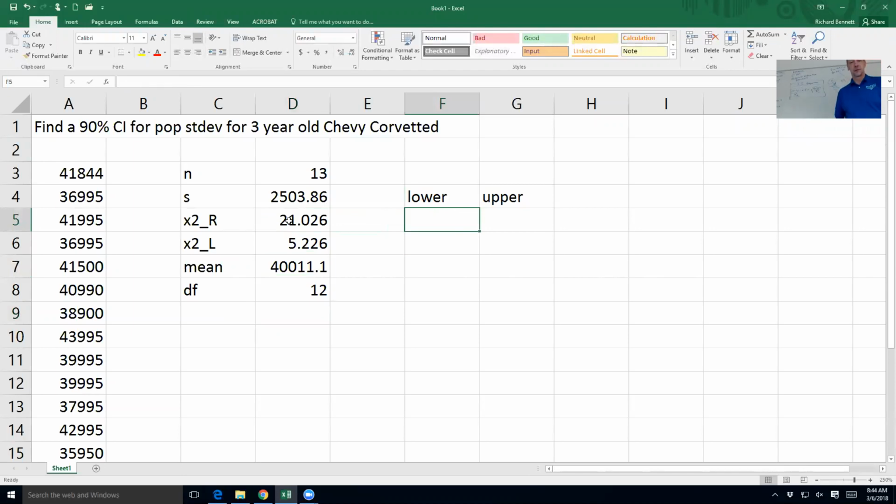All right, Trevin, help me out. So for your lower limit, it equals the square root of 12 times s squared, right? Yep. So we really want the variance here, divided by the chi-squared on the right.